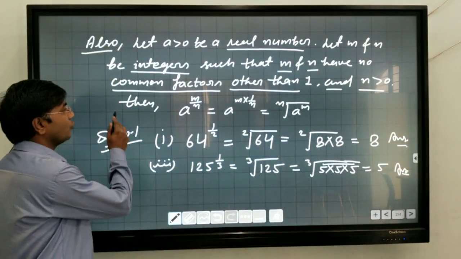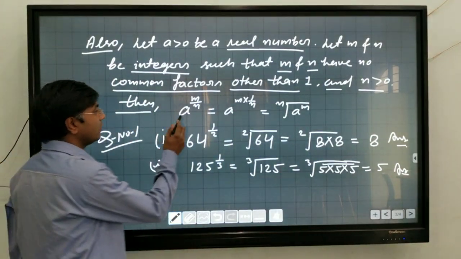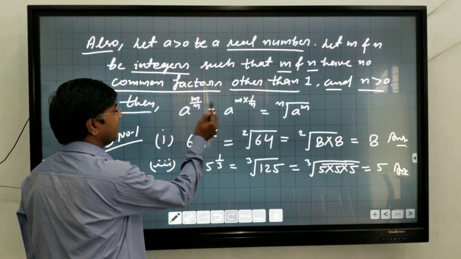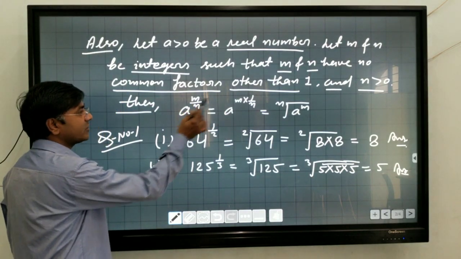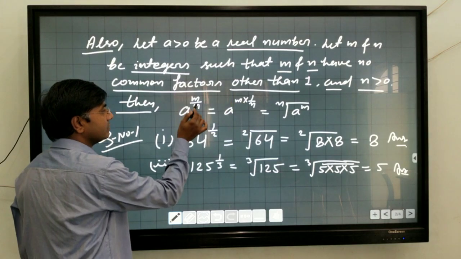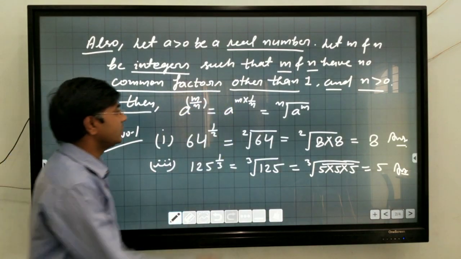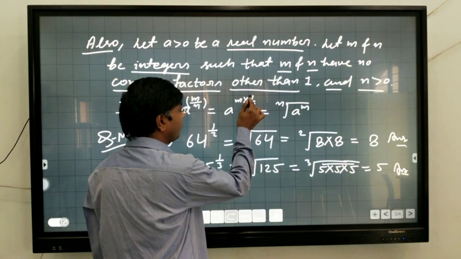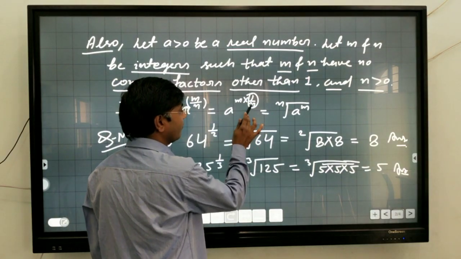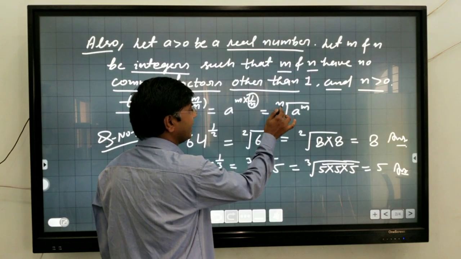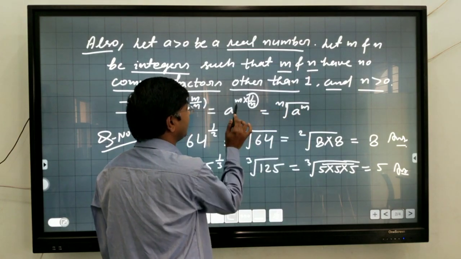Then we have this rule: a raised to the power m by n equals a to the power m into 1 by n, which equals the nth root of a raised to the power m.